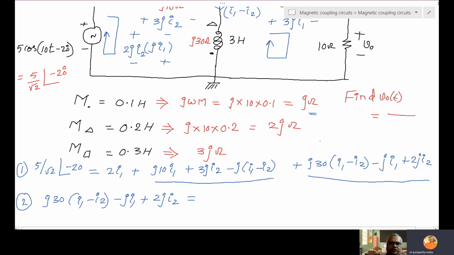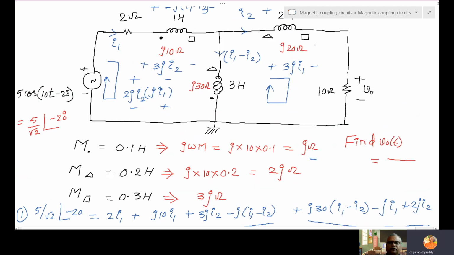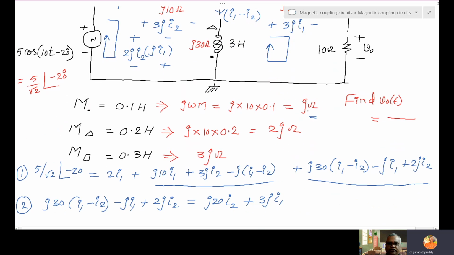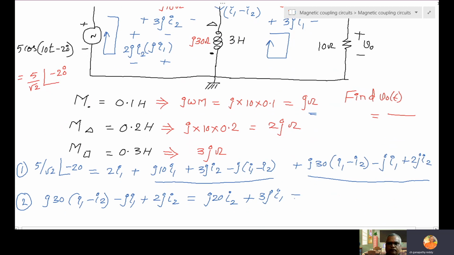So that is J20 into I2, J20 into I2 plus 3JI1, plus 3JI1, then plus 2J into I1 minus I2 and last term of 10 into I2.